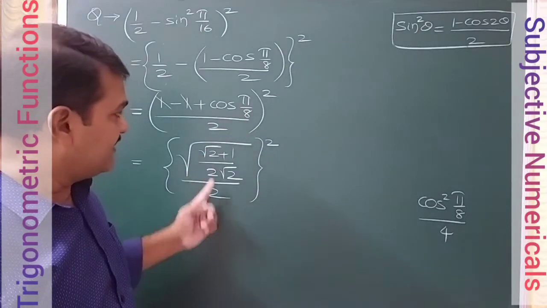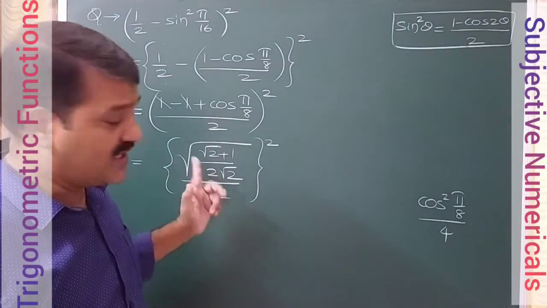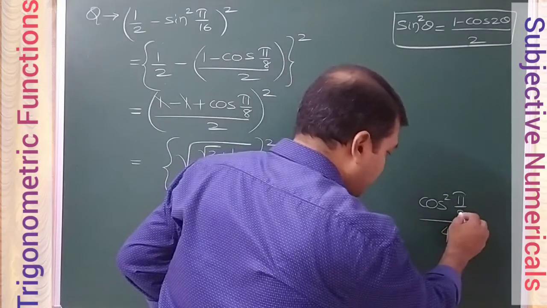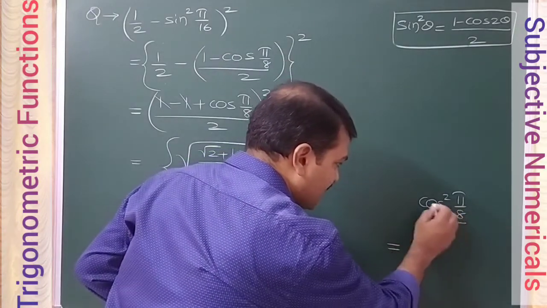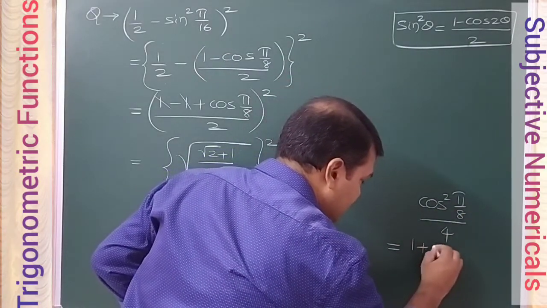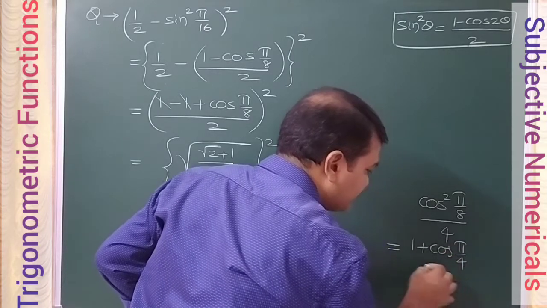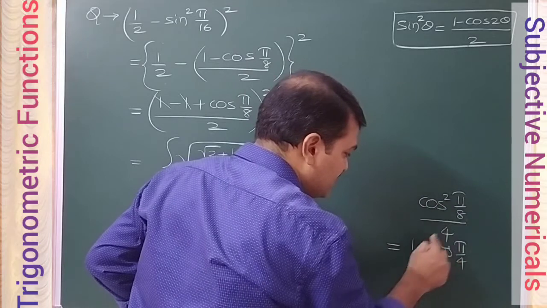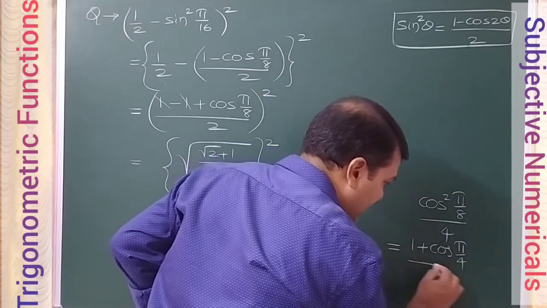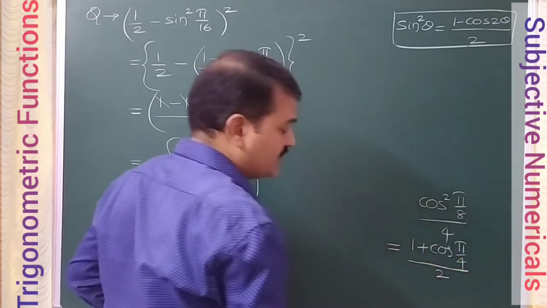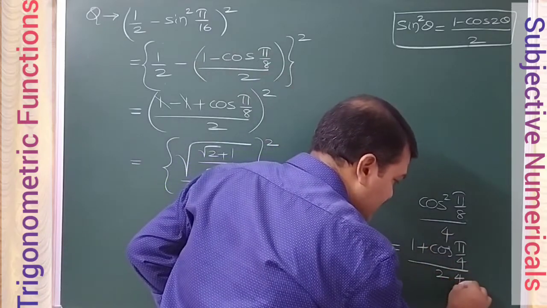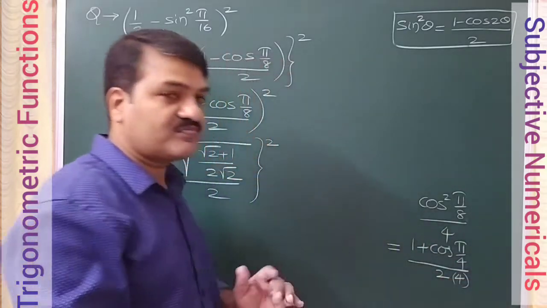So you can write like this, cos pi by 8 formula directly, or this cos square pi by 8 can be written as cos square theta is 1 plus cos 2 theta. Cos square theta means 1 plus cos 2 theta by 2, and already by 4 is there. You can write like this also.